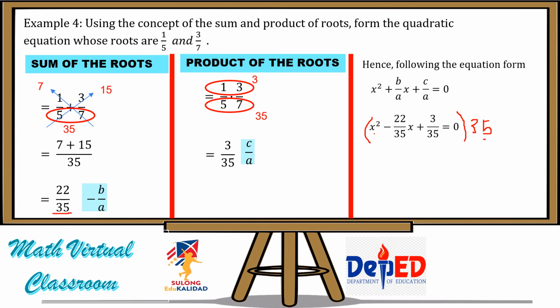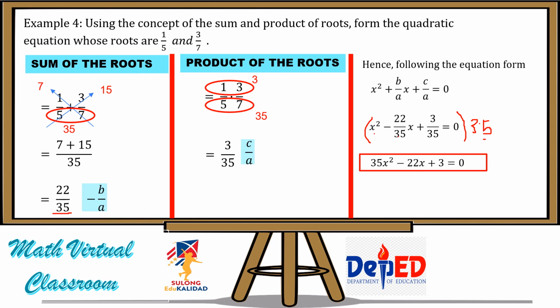And for this one, 35 divided by 35 is 1 times 22, that would be 22x. 35 divided by 35 is 1 times 3 is 3. 0 times 35 is 0. Therefore, our equation is 35x squared minus 22x plus 3 equals 0. So that is our quadratic equation.